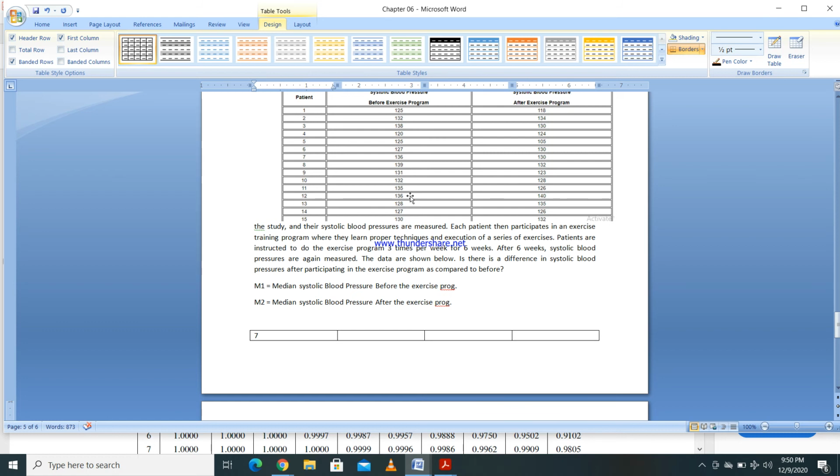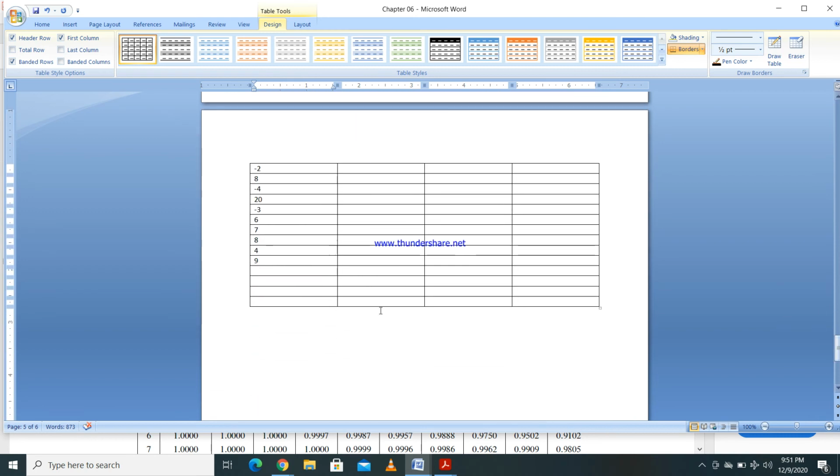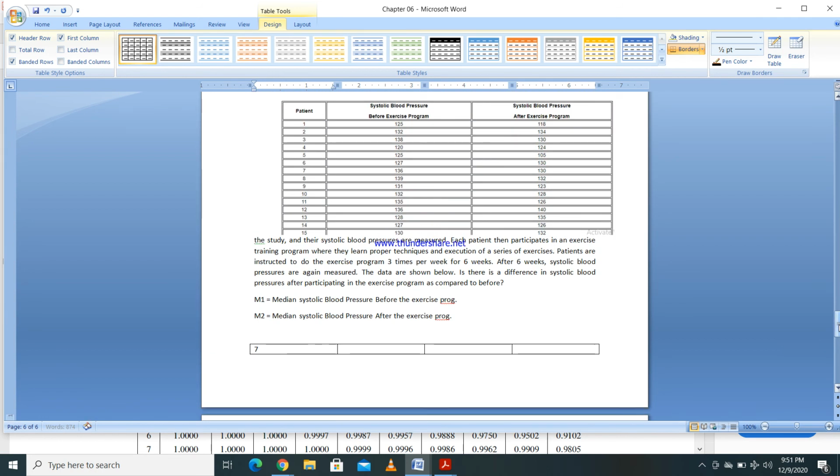Right, and then here you have 136 minus 140, so that is minus 4. And then you have here 128 minus 135, so that is again minus 7.